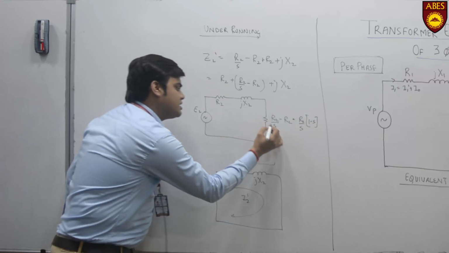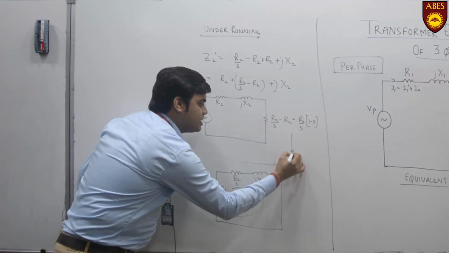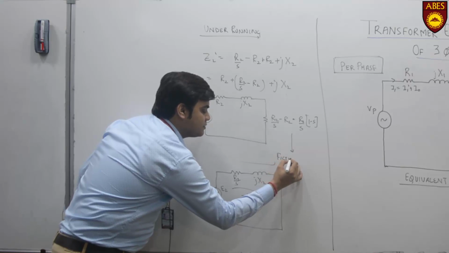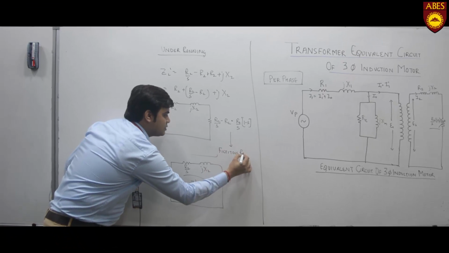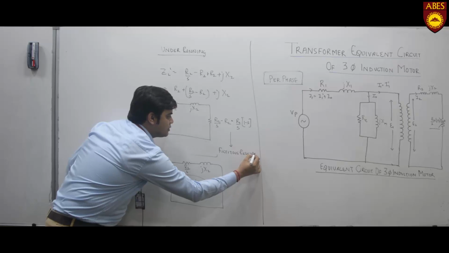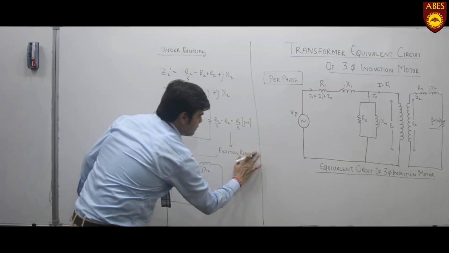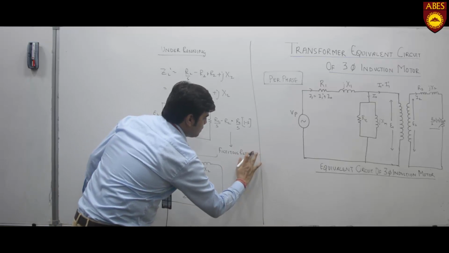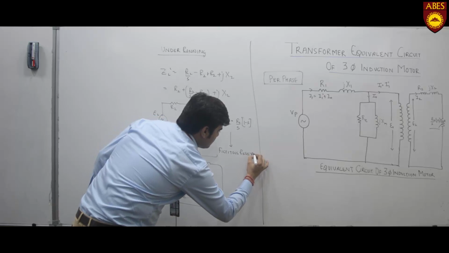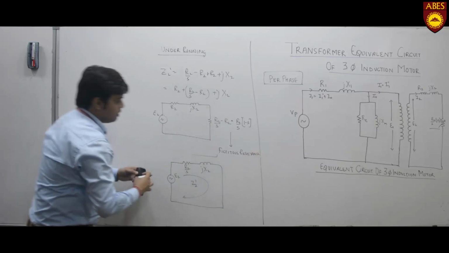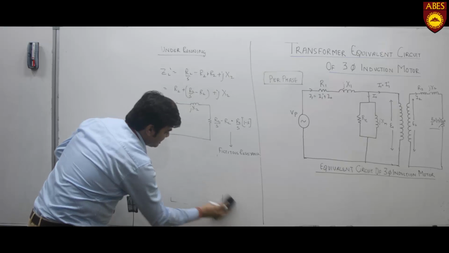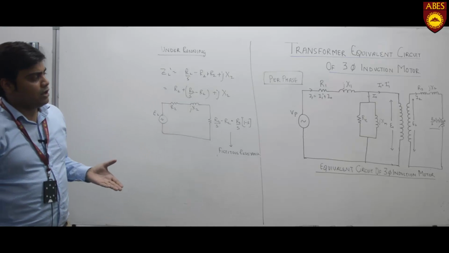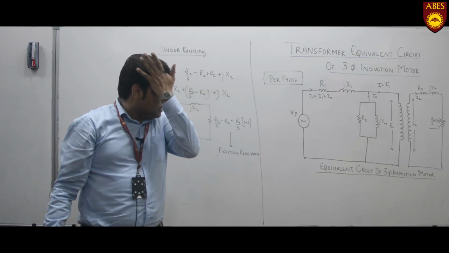Now this resistance is called the fictitious resistance. And this circuit is called the equivalent circuit of the secondary of a three-phase induction motor.